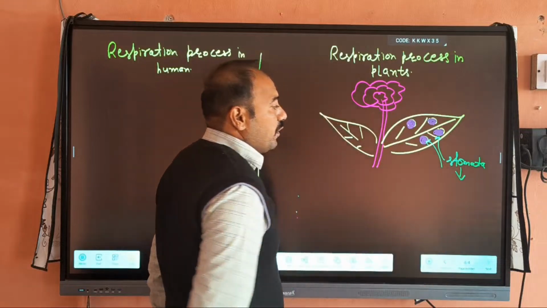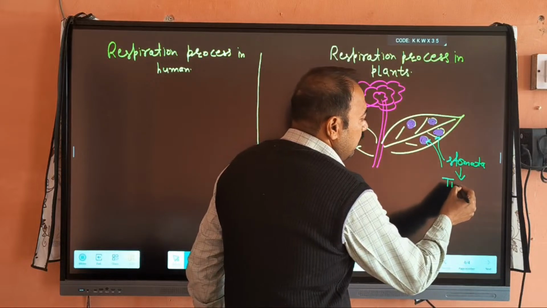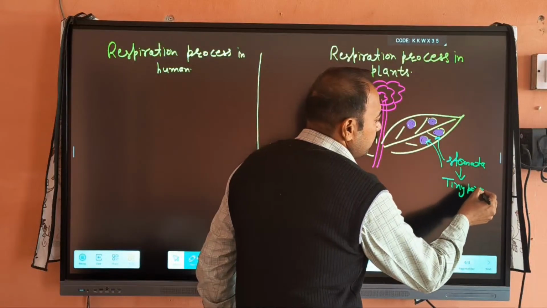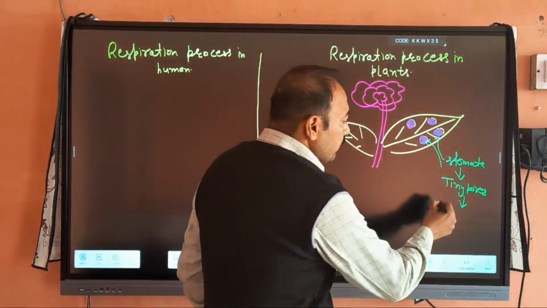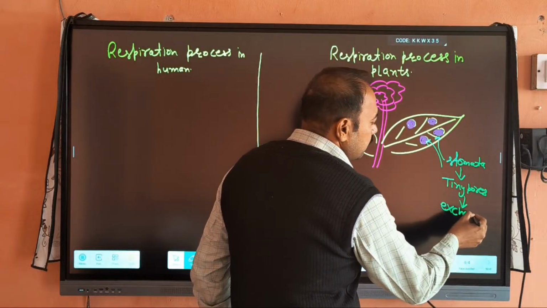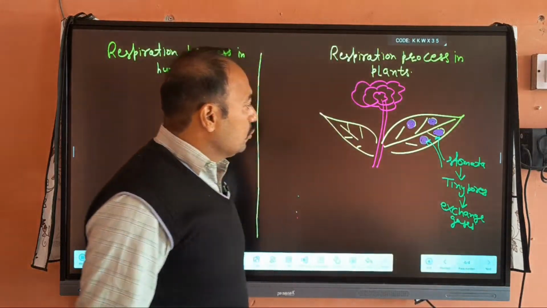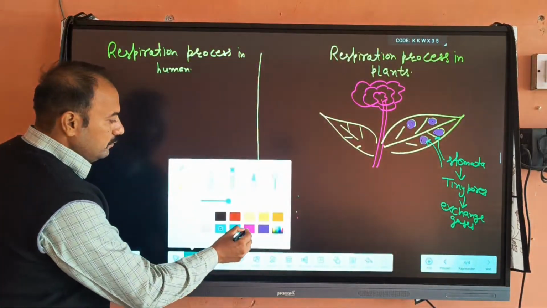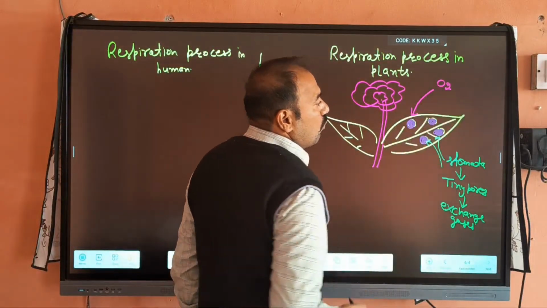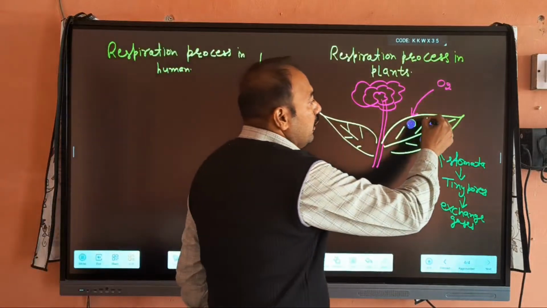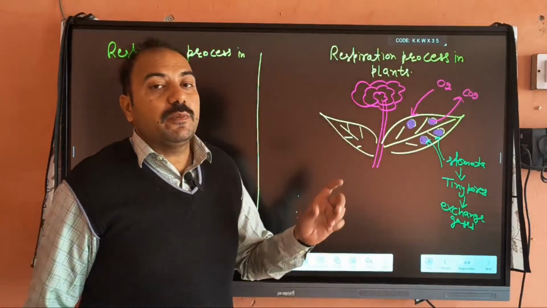These stomata are known as tiny pores. What is the function of these tiny pores? To exchange gases. The stomata take oxygen, O2, from the atmosphere, and remove CO2. This is known as the respiration process.